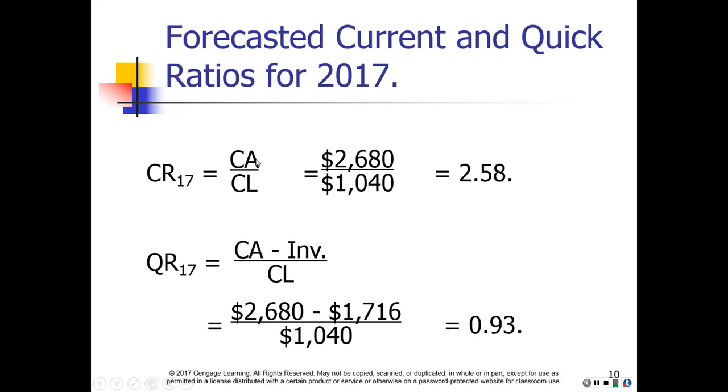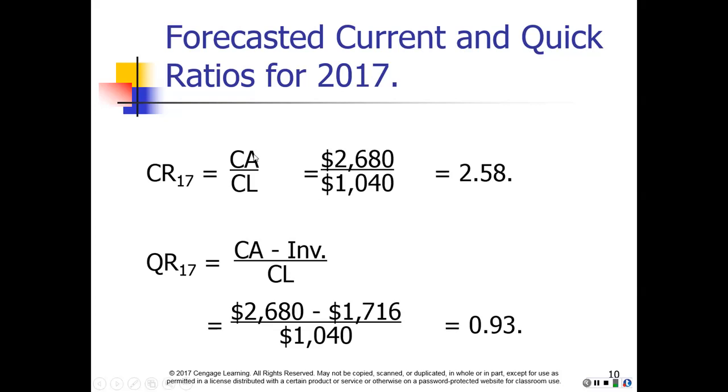So if we get more coming in with current assets, which is the case here for 2017, it's 2680, the total of current assets, in thousands of dollars. In the balance sheet it's actually 2,680,112, but they're just rounding to thousands of dollars. So 2680 over 1040, you're going to get 2.58. That's the current ratio for 2017.